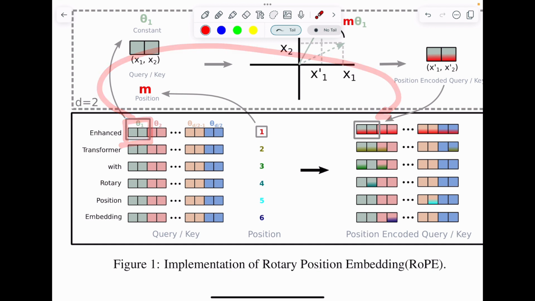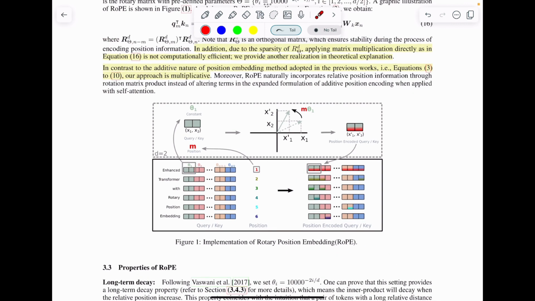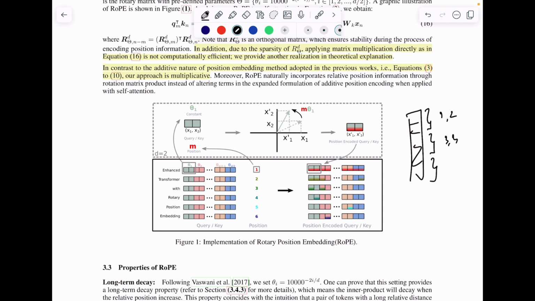Next time you pick the next 2 dimensions and rotate them by m. So if you have a d-dimensional vector, at a time you rotate the first and second, then third and fourth, and so on and so forth.